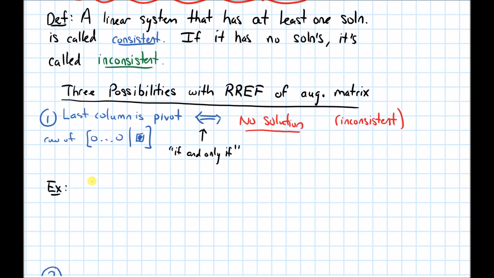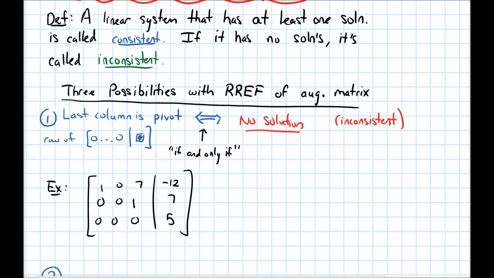So let's suppose that I had the matrix 1, 0, 7, negative 12. Let me write down the other rows more quickly. Okay, so when I write down the equation for each of these rows, for the first row, I'll have x1, there's no x2 term, plus 7x3, that equals negative 12.